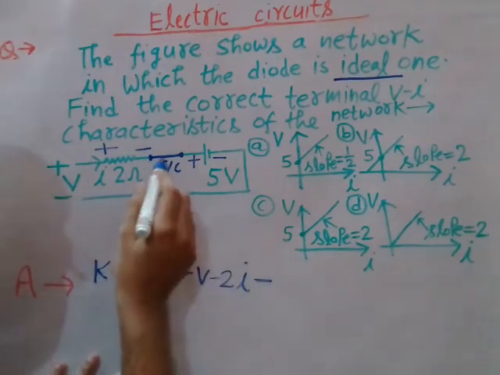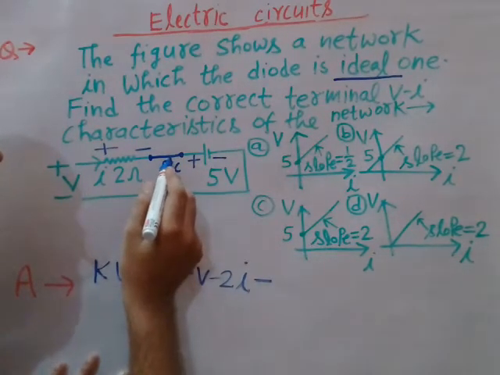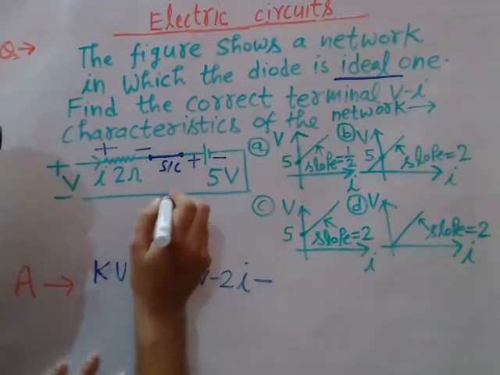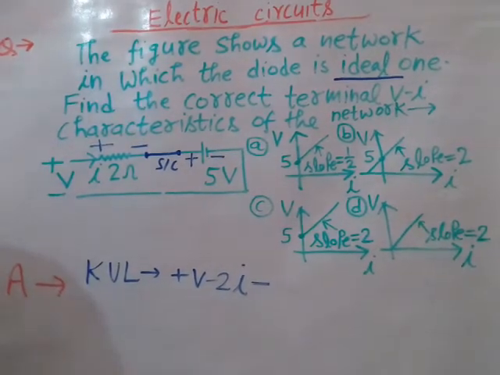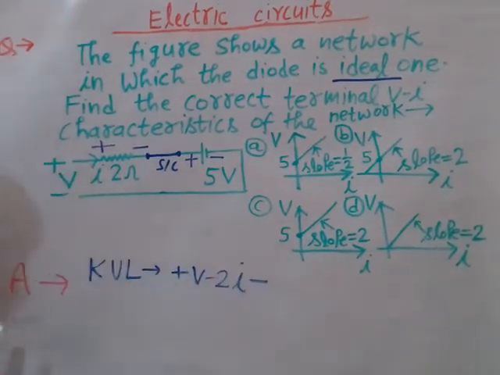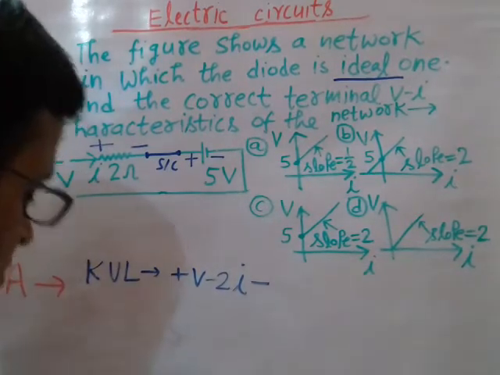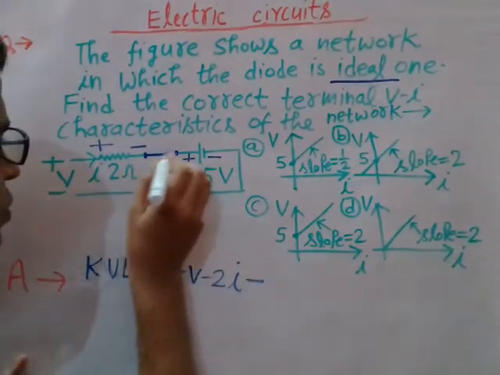Now next is the diode which is ideal, so no voltage drop across it. The voltage drop across this diode is 0. This is a simple short circuit.